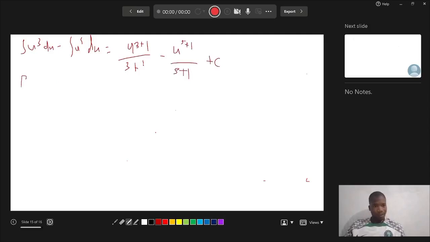Then we know that the value of u is sine x, so we have sine to the power 3 x cos x dx minus sine to the power 5 x cos x dx.